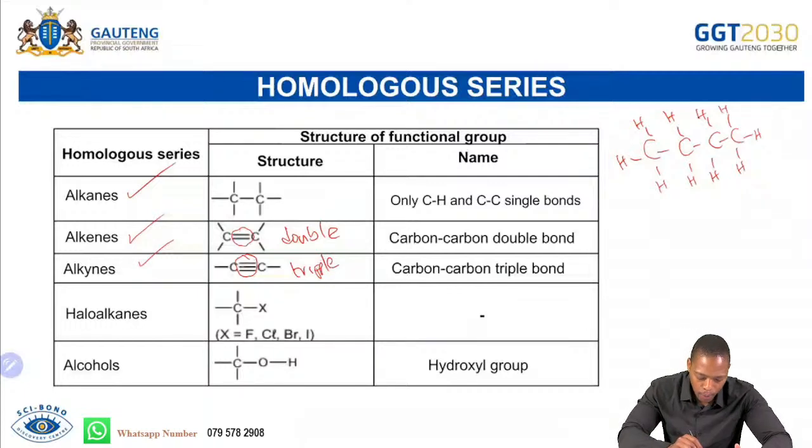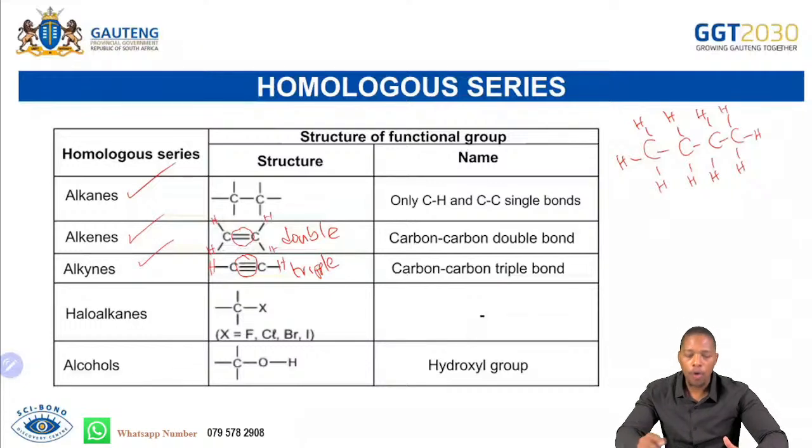They are also only bonded to hydrogen atoms. Alkenes have a double bond and the other atoms will be hydrogen atoms. Alkynes have a triple bond, and the other atoms will only be hydrogens.